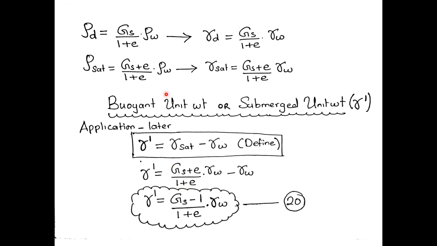So gamma dash is Gs plus e over 1 plus e into gamma W, minus gamma W. Taking 1 plus e common, gamma dash is equal to Gs minus 1 over 1 plus e into gamma W. Equation number 20.